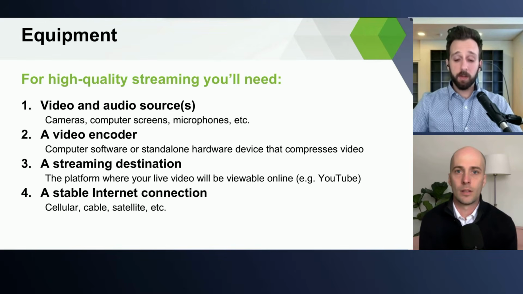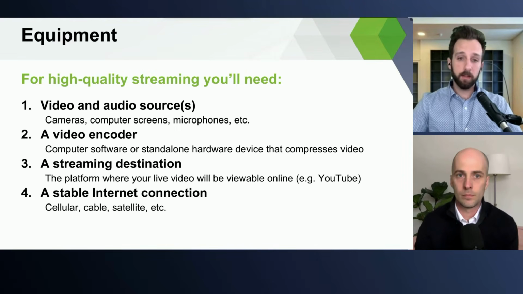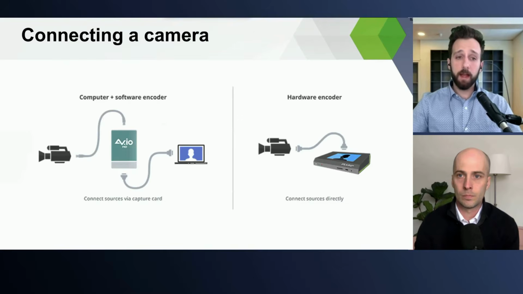They're all pieces of hardware, certainly, but there are encoders that are meant to be used with software solutions for live streaming, something like a USB capture card that's going to your computer to be used in software like, let's say, OBS or vMix. And then we also have dedicated hardware solutions, also known as standalone hardware solutions. This is where you might have your video and audio sources, or multiple video and audio sources, going into this dedicated device that connects directly to the internet and streams directly to that end destination.